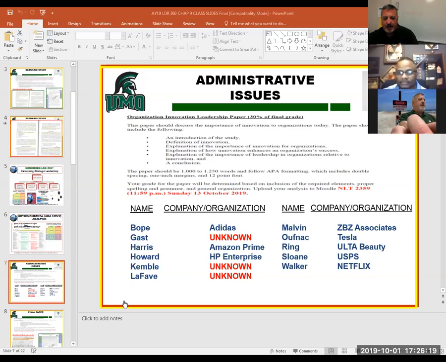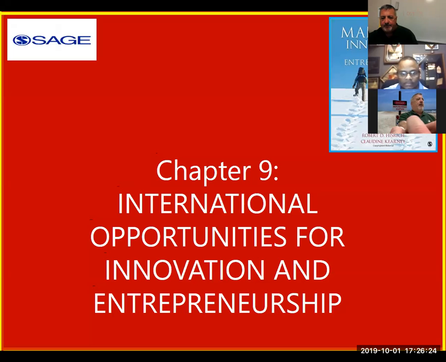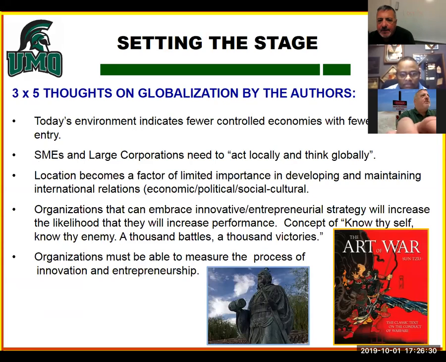All right. So let's get back to my slides real fast. Chapter 9. So we're talking international opportunities. And the authors give you 3 to 5 thoughts on it. One is that in today's environment, there are fewer controlled economies, which means fewer barriers to entry than there was in the past.